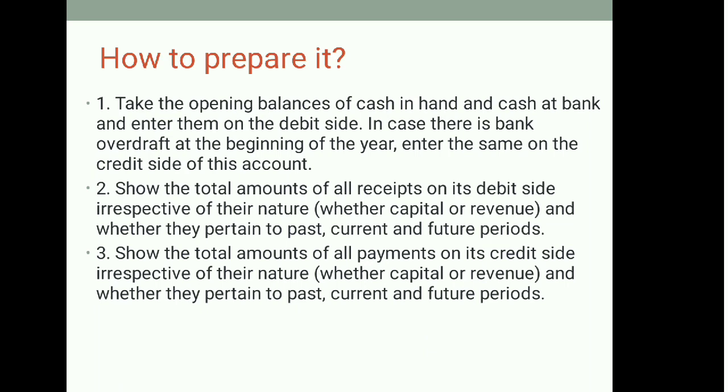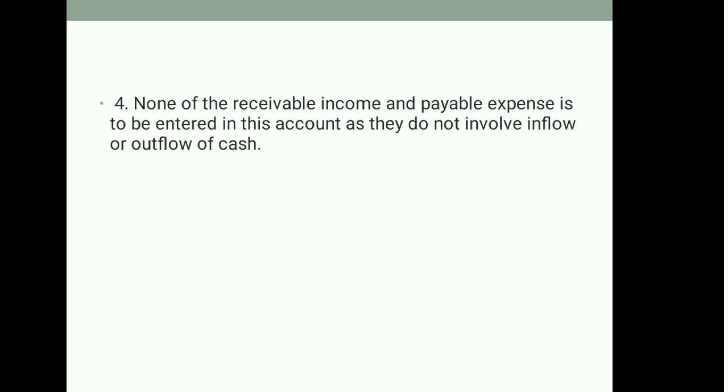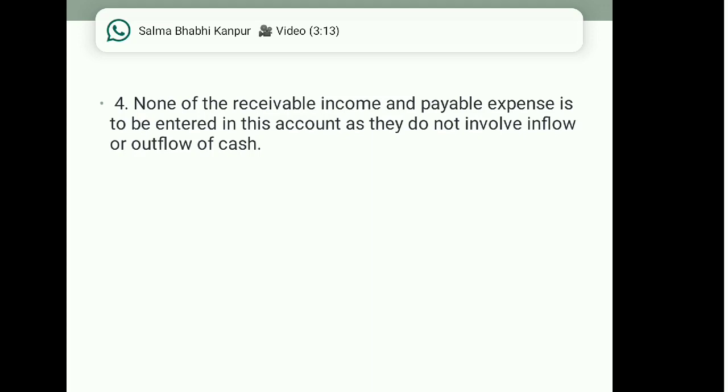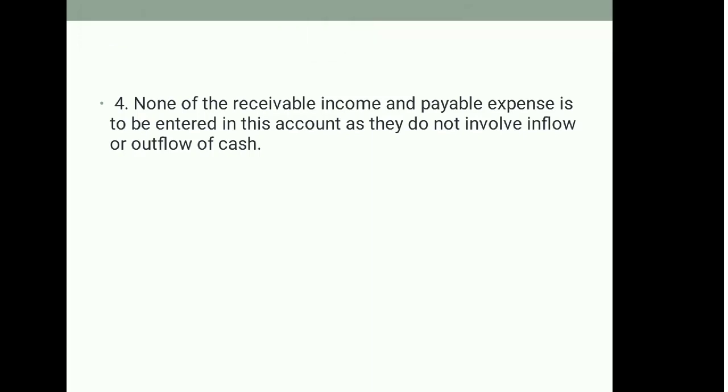Like if you are purchasing furniture, purchasing goods, paying salary, it doesn't matter whatever it is. If it is paid in cash, then it will be treated in the receipt and payment account. None of the receivable income and payable expense, as I've discussed earlier, no adjustments will be there in this account.